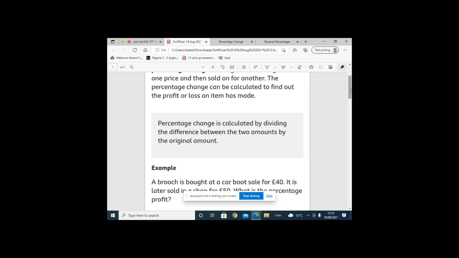You now divide it by the original amount, which is the amount before the increase. So the amount before the increase is £5.